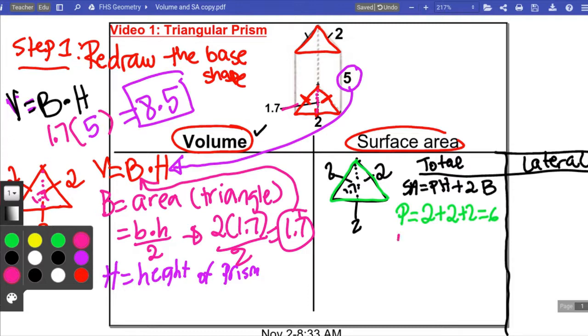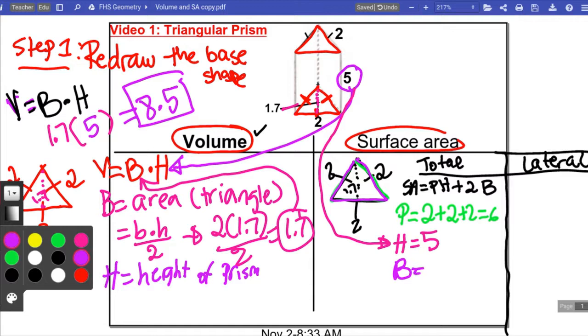Now let's move to the height, which is the big H. The big H, like I said earlier, is the height of the prism, which is 5. This 5 right here. That's a check. Now we're going to find the big B. Big B is the area, so we have to find the area of this triangle.